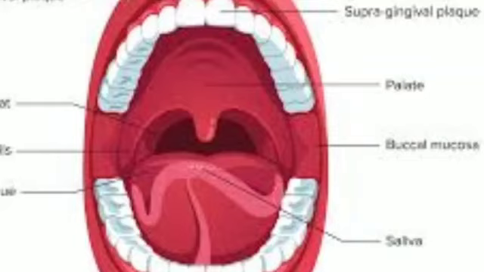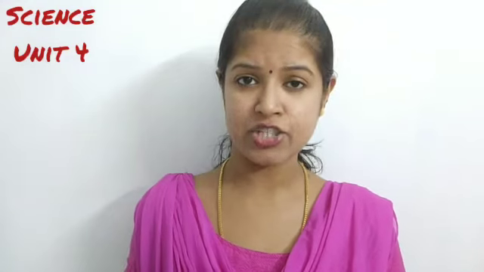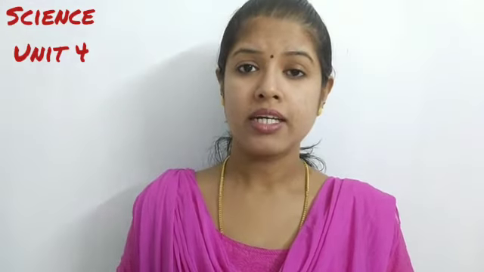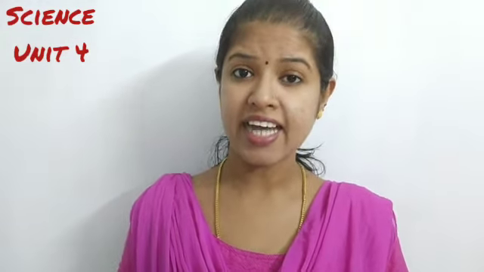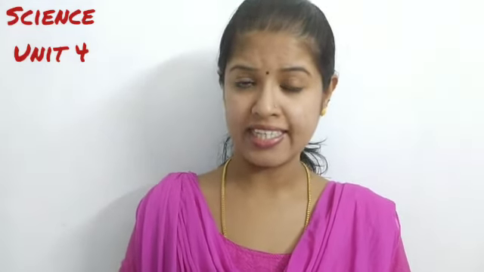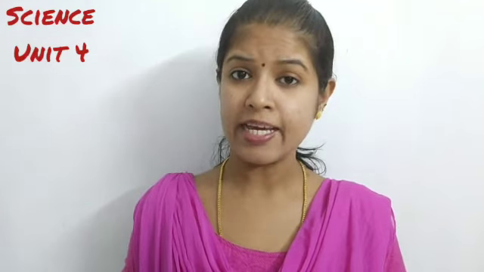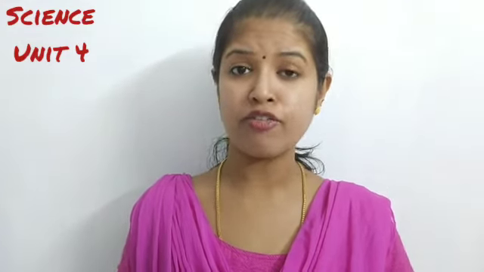So what happens when the food enters into our mouth? Our teeth grind it and crush it into small pieces, and the tongue will help the food to go near the teeth. The lips will prevent the food from getting outside the mouth.